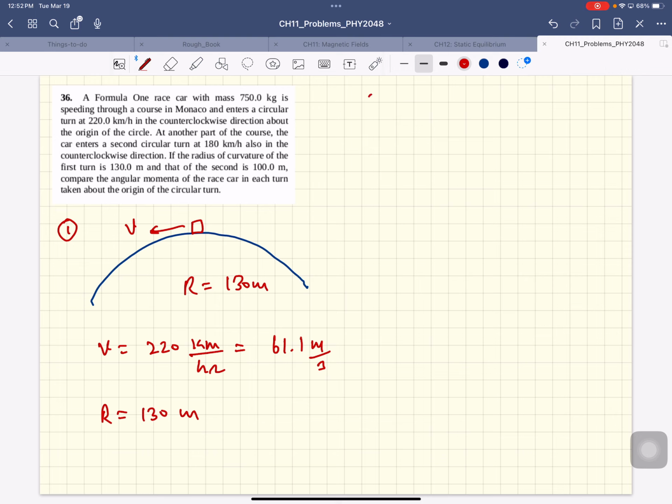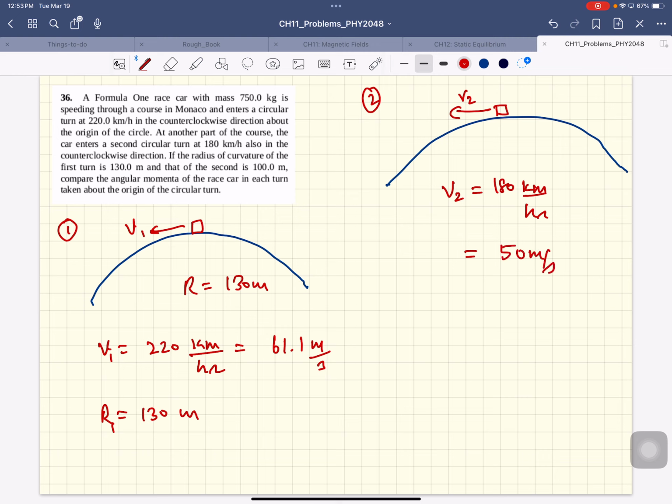So this is the first turn, this is the second turn. In the second turn, this is V1. V2 is 180 kilometers per hour, which is 50 meters per second, and R2 is 100 meters.